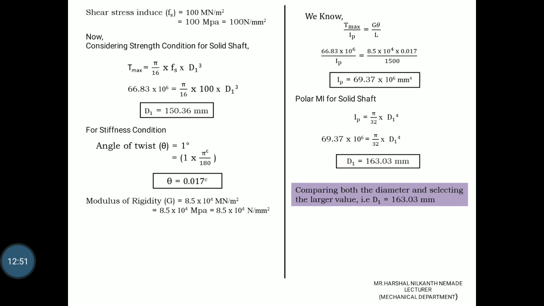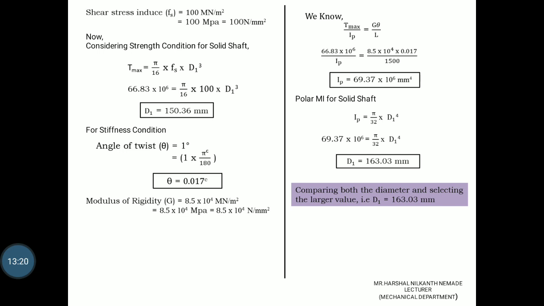By multiplying 10 raised to 4, it will be in Newton per mm square. We know Tmax divided by Ip is equal to G theta by L, capital L. This is the torsional formula. Substitute values, I will get Ip is equal to 69.37 into 10 raised to 6 mm raised to 4.